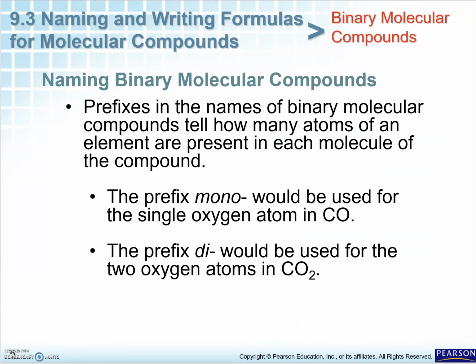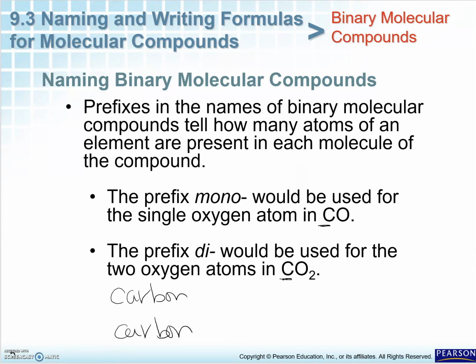So let's take a look back at our carbon-oxygen example. We would use prefixes to tell how many atoms are present in a molecule. For example, we have one carbon as shown by the lack of a subscript for both of these. So both of these would start with the name carbon.